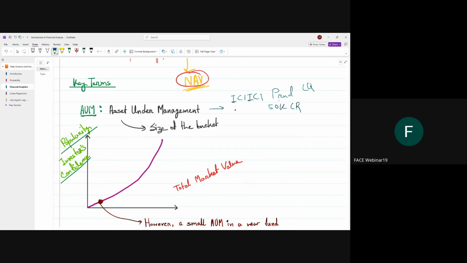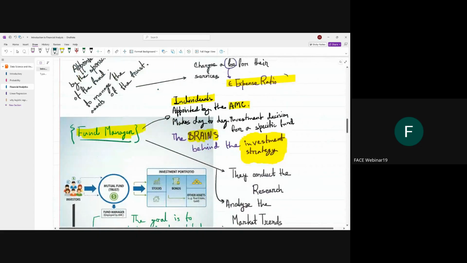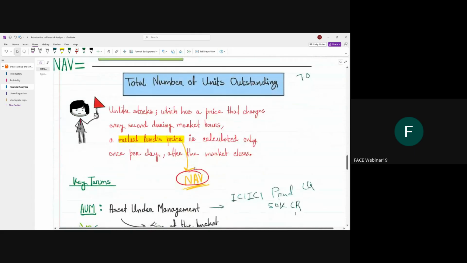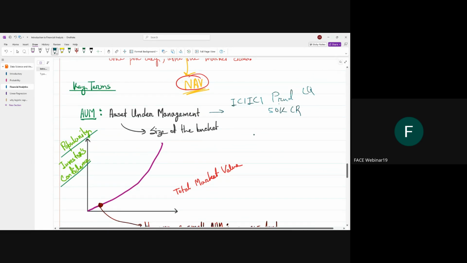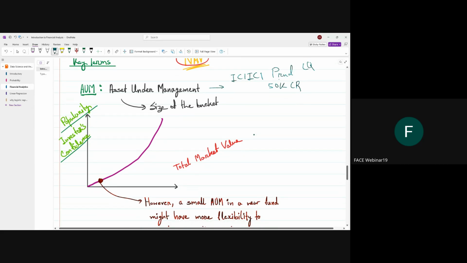Because if there are multiple people and the asset size is very big, then even if somebody defaults, say we are buying bonds or giving loans to different companies, and some company couldn't pay, then to compensate I only need to expend a very small percentage of the fund, and overall the fund will be intact. That's why a fund with a high AUM is very trustworthy.